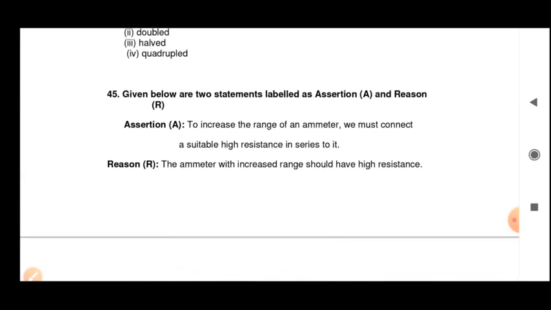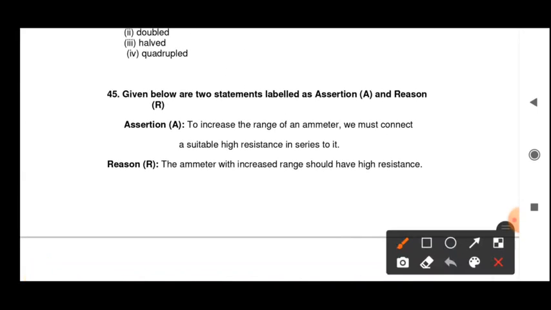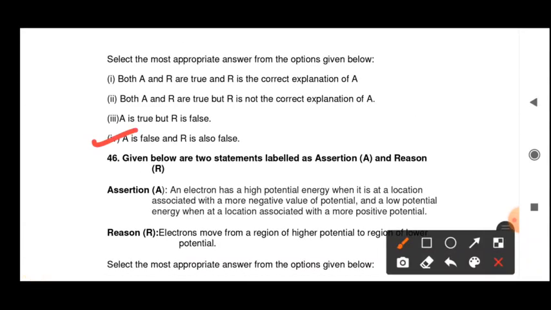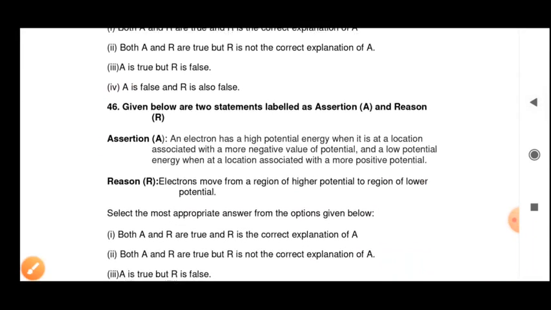So it means that both options are wrong. The assertion is also wrong, because to make an ammeter we are using low resistance and we are connecting it in parallel, and here also this should be the low resistance. So it means that our assertion and reason both are wrong, so that lies in category 4. So it means that A is false and R is also false. So the fourth option will be correct.